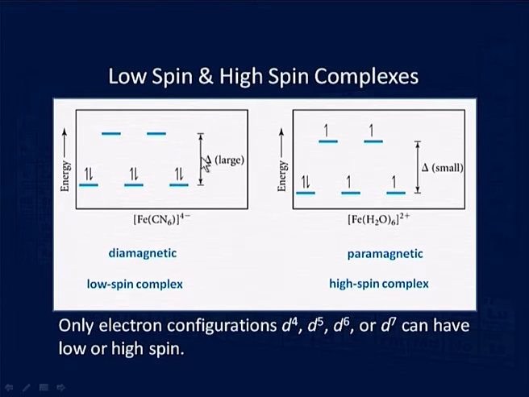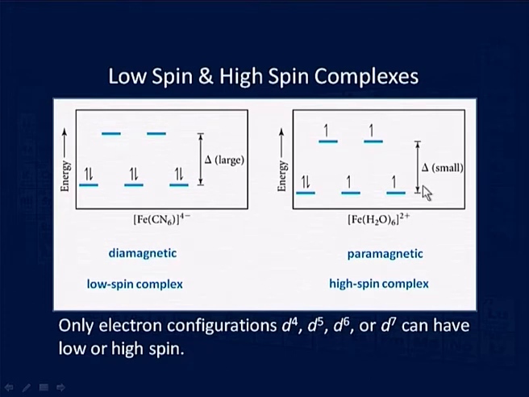Therefore, depending upon the delta, the electrons will get paired in the cyano complex, resulting in all 6 electrons being paired, and therefore it will be a low spin complex or diamagnetic complex.